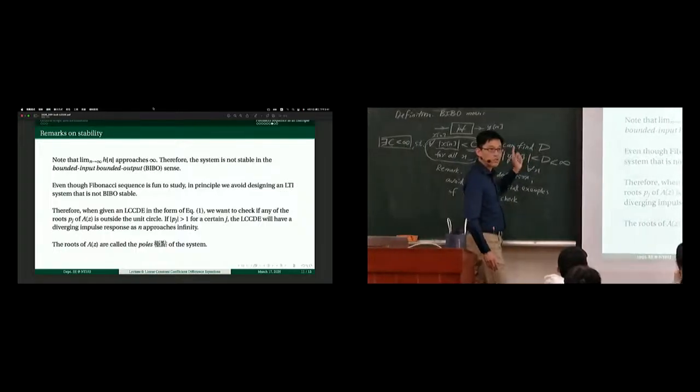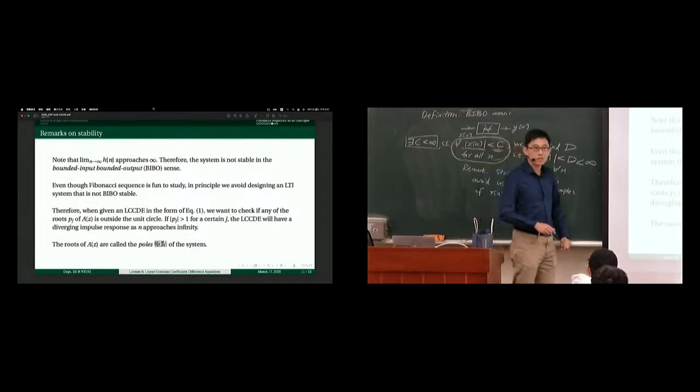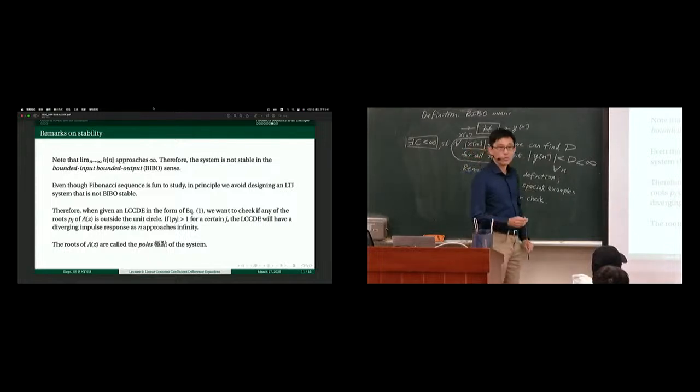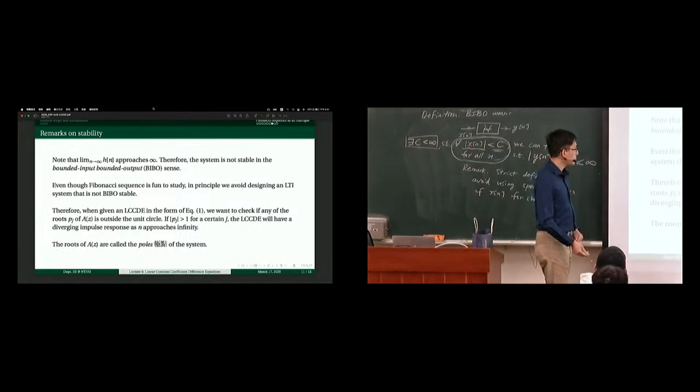We never design a system that is not stable, rarely in my career, because you don't want your system to overflow the memory or produce a numerical error like that. Always make every effort to make your system stable.